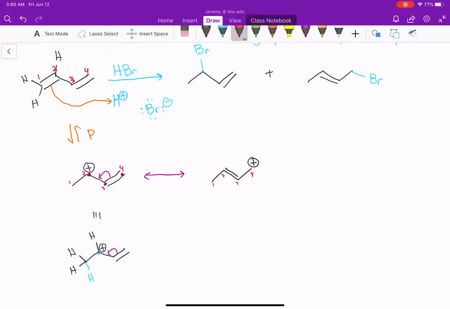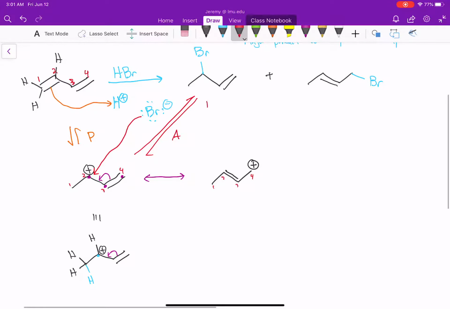So there's two paths we can go, right? If the bromine attacks carbon 2, then we get the first product we formed. We can call this the 1,2 product because I've added a hydrogen to carbon 1 and the bromine to carbon 2.